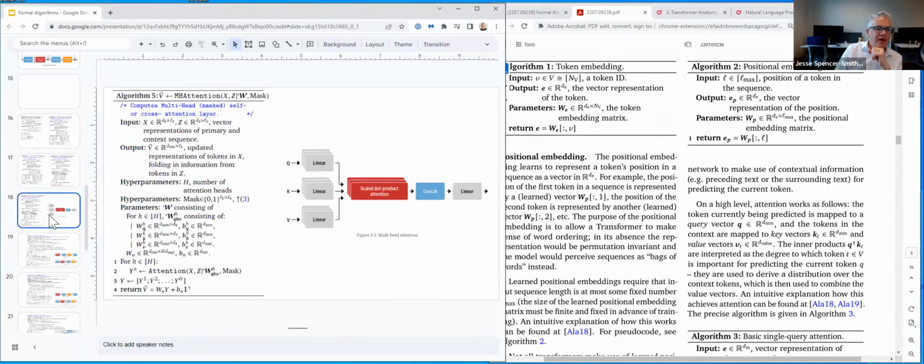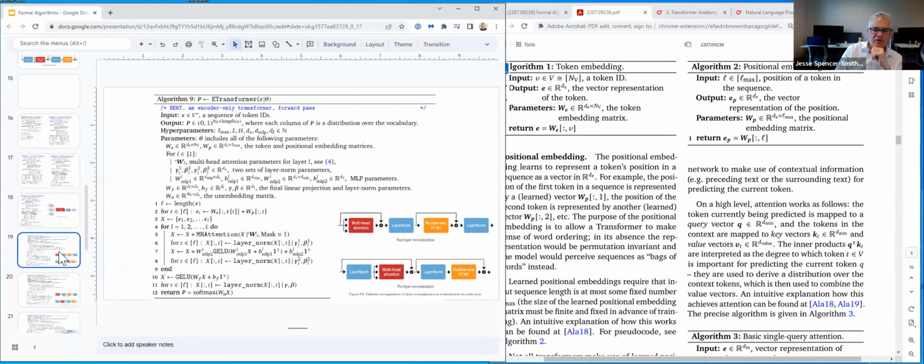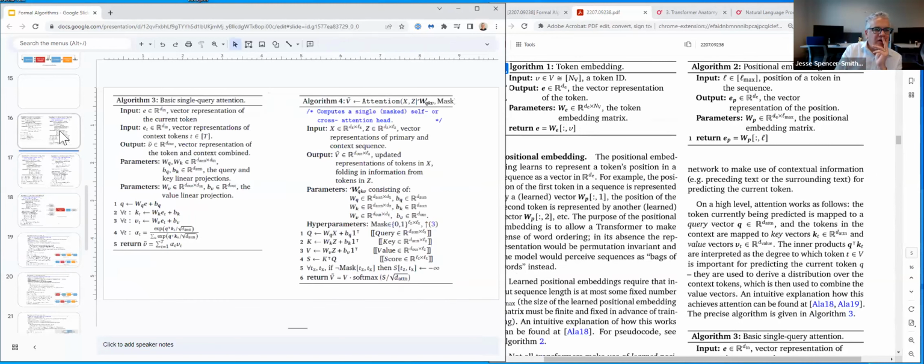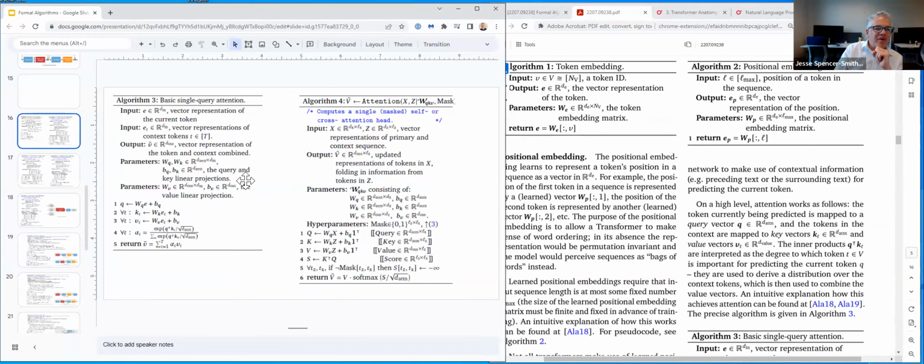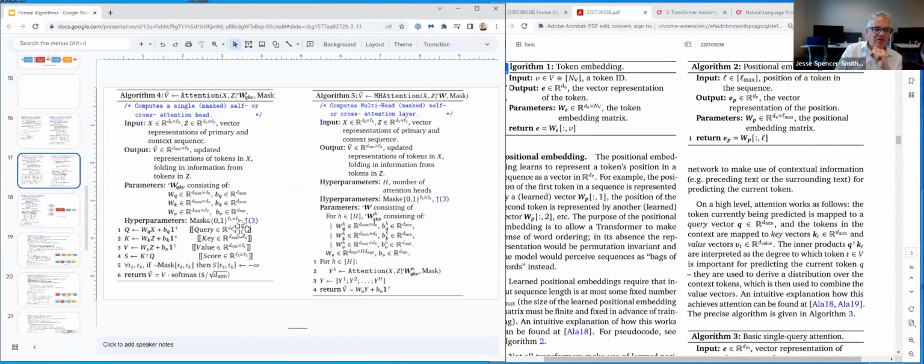Let's go ahead and dive into, I'm going to skip over this a little bit. Well, I'll mention this. So this is from basic single query attention. We add the idea of masking. So here we have masking. Then the other thing that we go to is called multi-head attention.